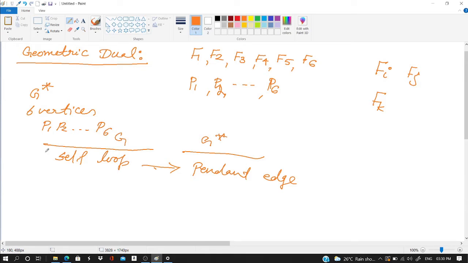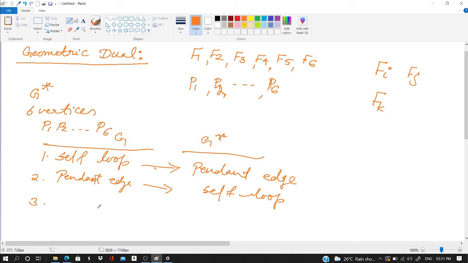Now what is the second property here? A pendant edge in G is converted to a self loop in G star. Now what is the third property?